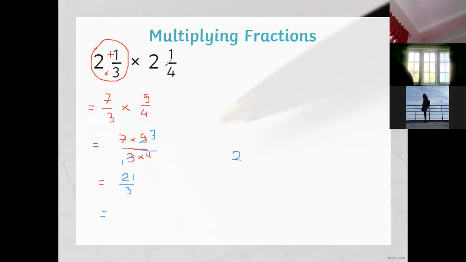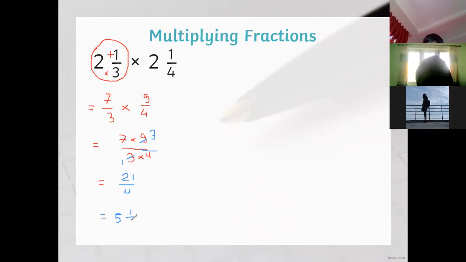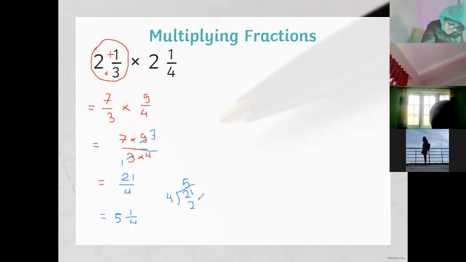What will you get? 5 whole 1 by 4. That is your answer. You can divide 5 times: 4 fives are 20, so 1 is the remainder. So your answer is 5 whole 1 by 4. In that way, we have to solve it.